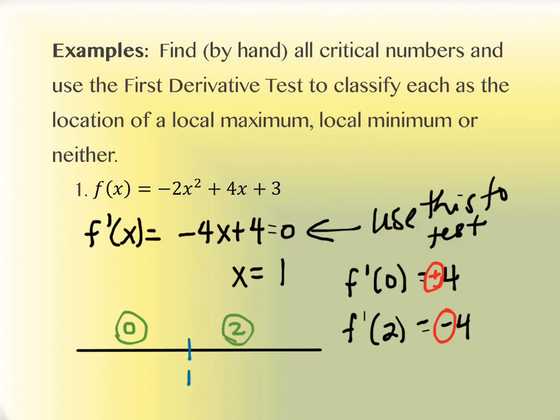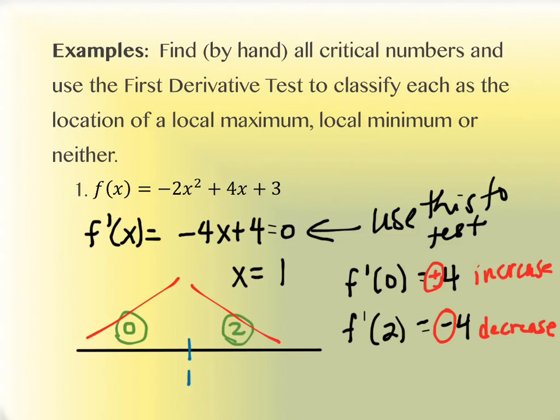When a derivative is positive, what is a graph doing? Increasing. When the derivative is negative, the graph is decreasing. So visually over here on the graph, you just found out that this is increasing. And then it's decreasing.